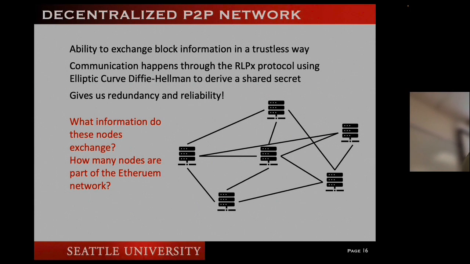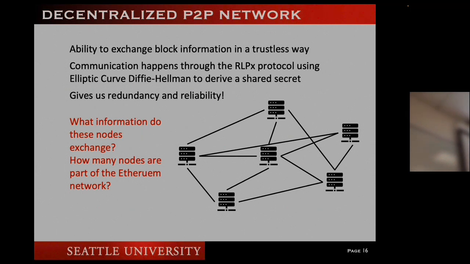What else needs to be exchanged? Their nodes, and then they need to exchange the information of other peers as well, because they are interconnected. That's right.